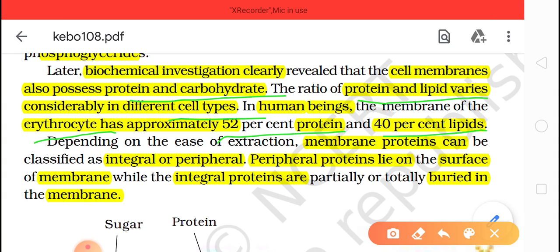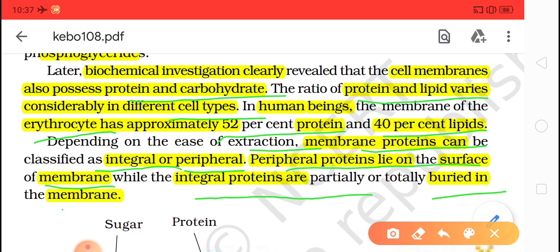So children, depending on the ease of extraction, the membrane proteins can be classified as integral or peripheral. Now see, the peripheral proteins lie on the surface of the membrane, while the integral proteins are buried in the membrane.